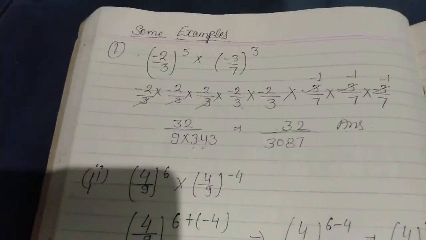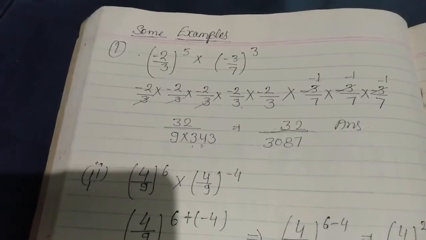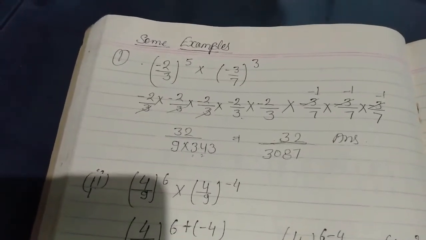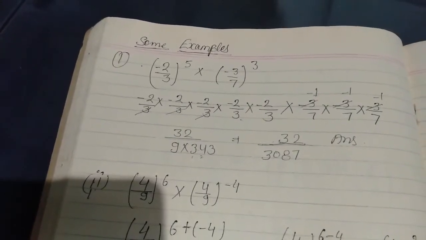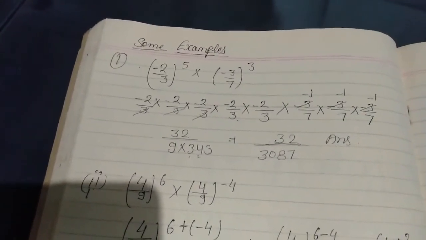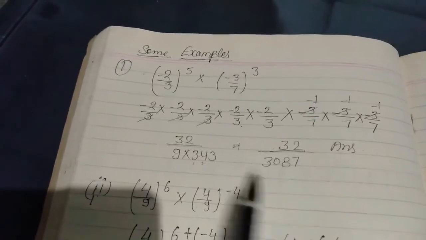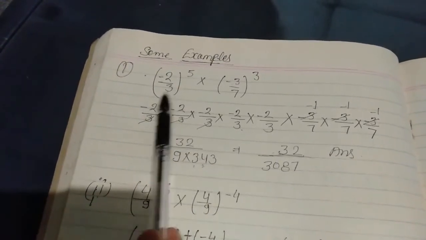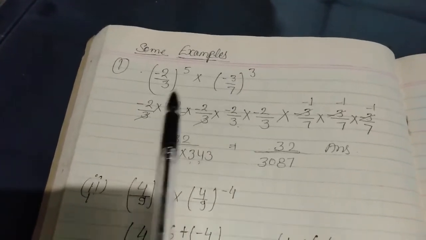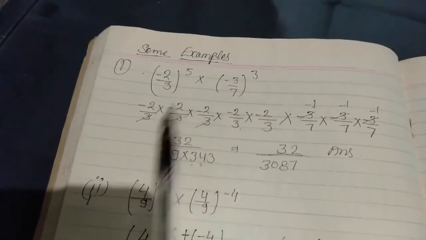Now some examples related to this chapter. First is (minus 2 upon 3) to the power 5 into (minus 3 upon 7) to the power 3, and we want to solve it. Here the bases are not equal, so firstly we have to expand it.